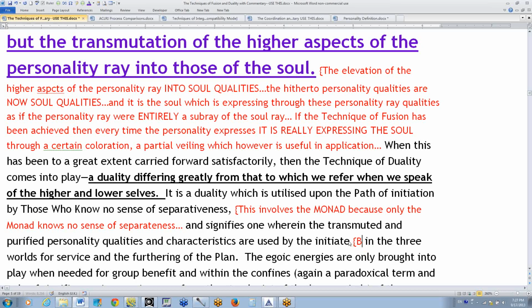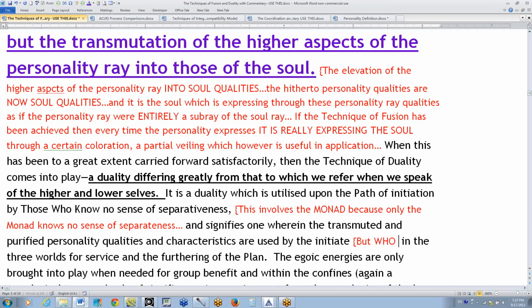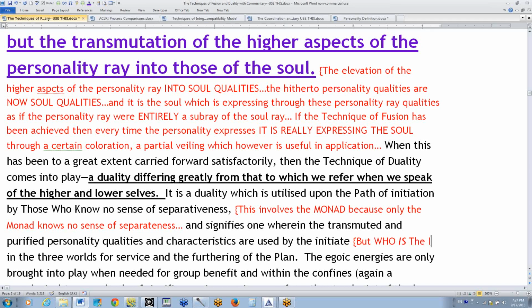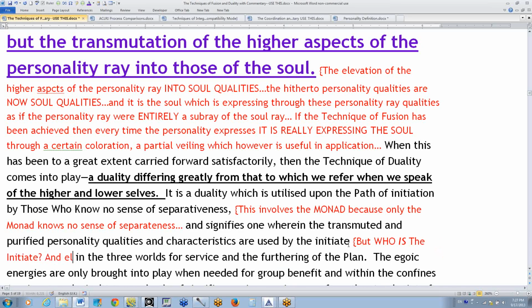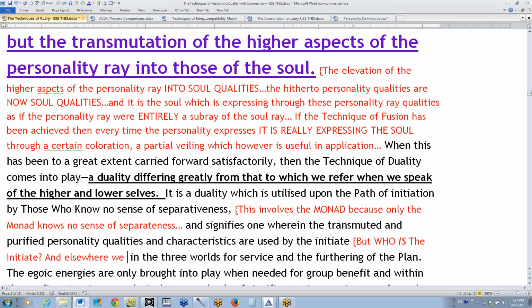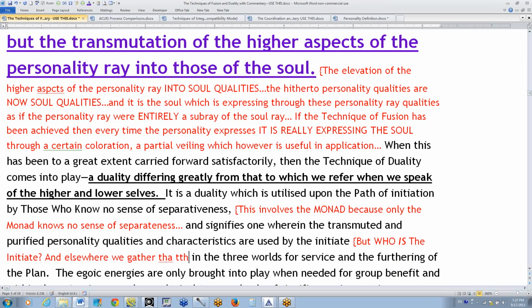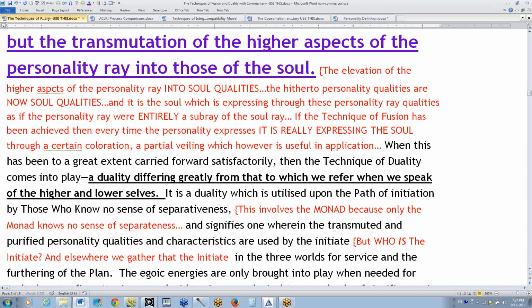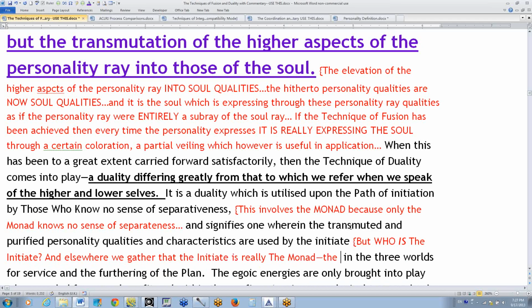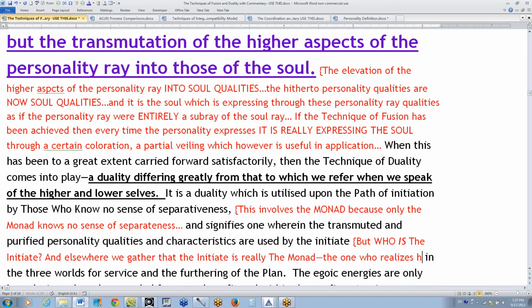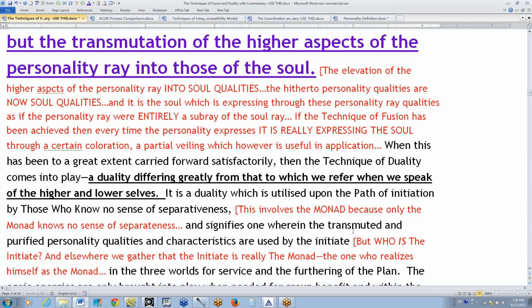But who is the initiate? And elsewhere we gather that the initiate is really the monad, the one who realizes himself as the monad.